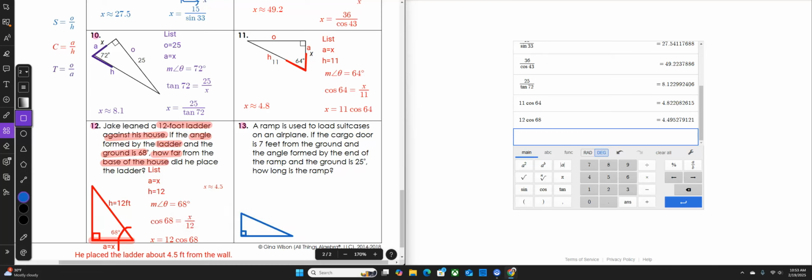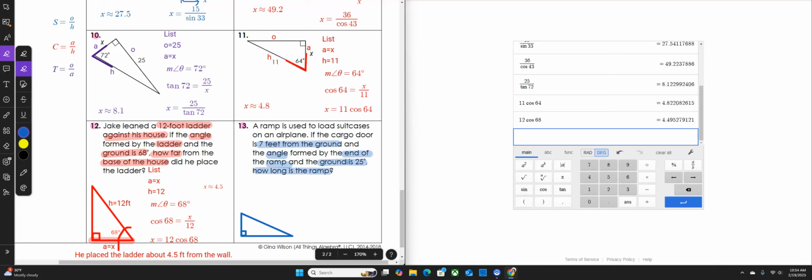Okay, a ramp is used to load suitcases on an airplane. Again, if we have a ramp, it's probably the hypotenuse. Okay, so the ramp. If a cargo door is 7 feet from the ground, and the angle formed by the end of the ramp and the ground is 25, how long is the ramp?